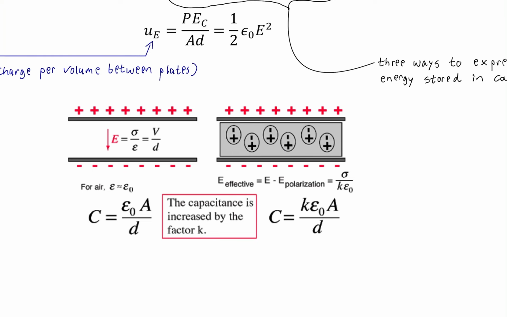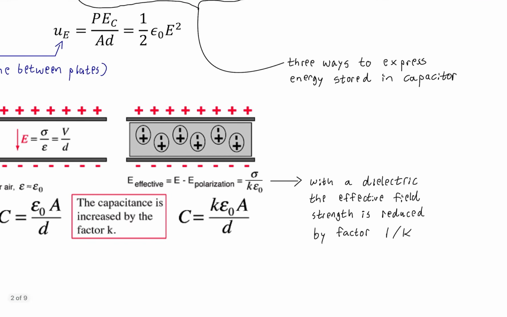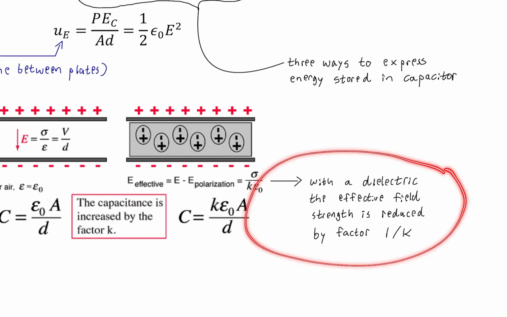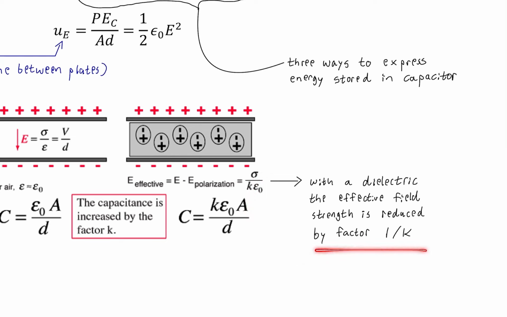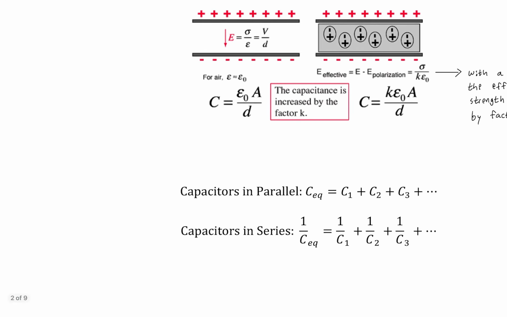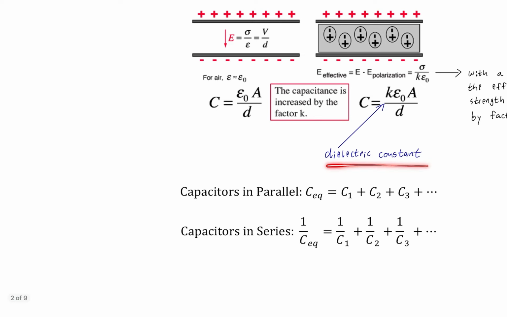That is equal to the charge density divided by the dielectric value times the permittivity. So with a dielectric, the effective field strength is reduced by a factor of 1 over the dielectric constant. It's a reduction of electric field that actually allows for better storage ability. Beautifully counterintuitive. One more thing to label: the dielectric constant itself.